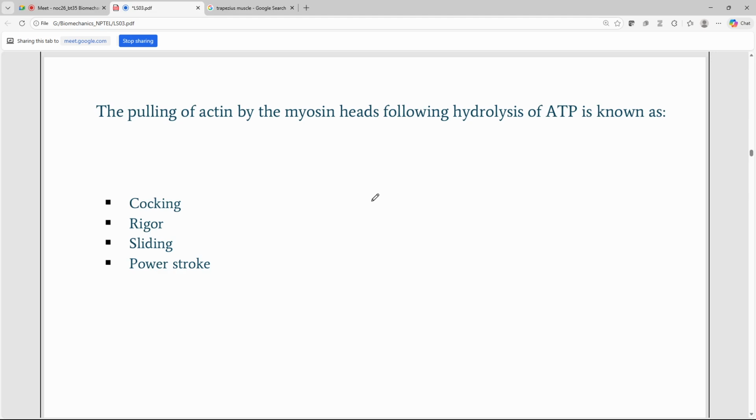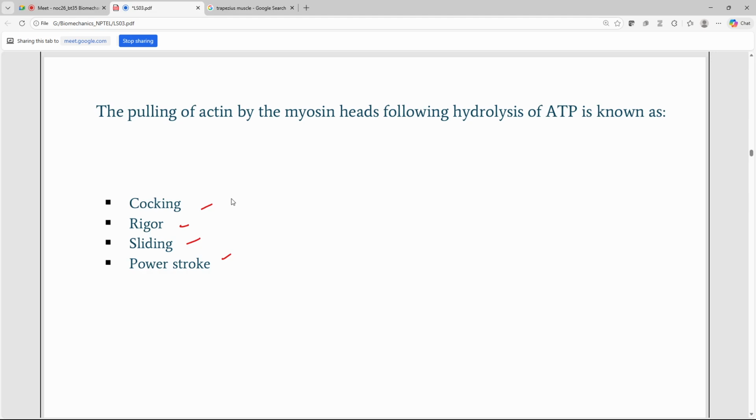Next question. The pulling of actin by myosin heads following hydrolysis of ATP is known as. This word we have already discussed in today's session. What is the word we use for the pulling action of actin by the myosin heads following the hydrolysis of ATP? Is it cocking, rigor, sliding, or power stroke?